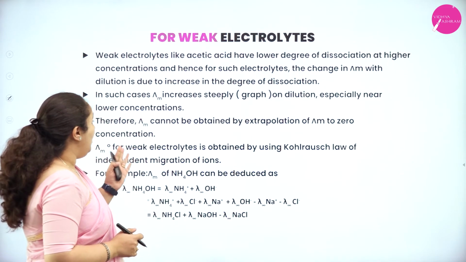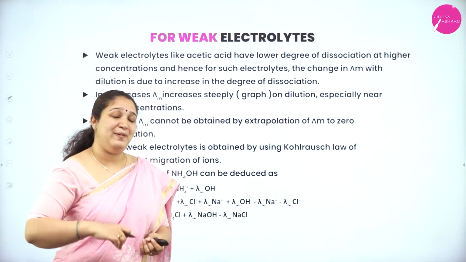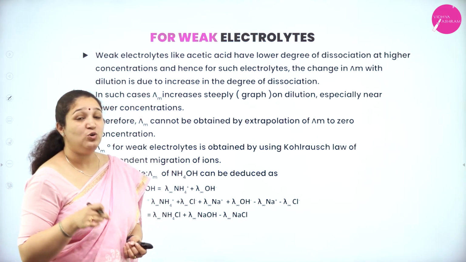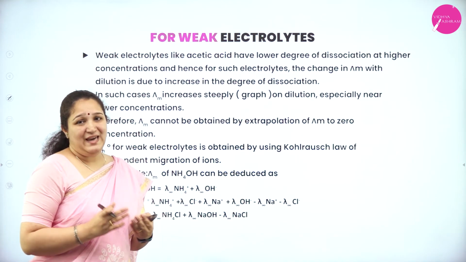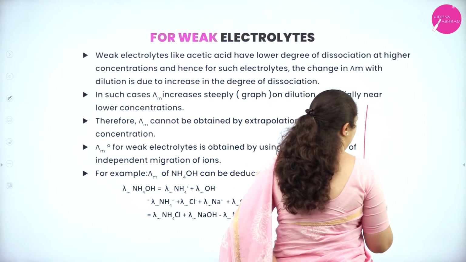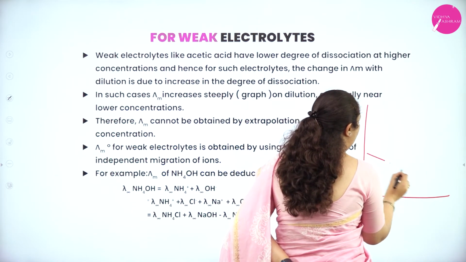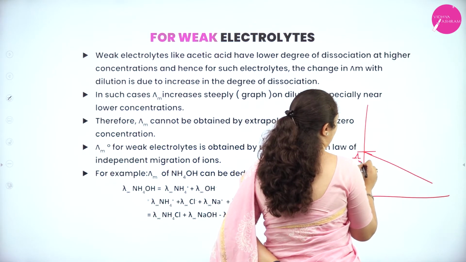Now, we will see for a weak electrolyte how we can apply this Kohlrausch law to calculate the limiting molar conductivity. I showed you the graph as well, in which for a strong electrolyte like KCl we can do the extrapolation and get the limiting molar conductivity.